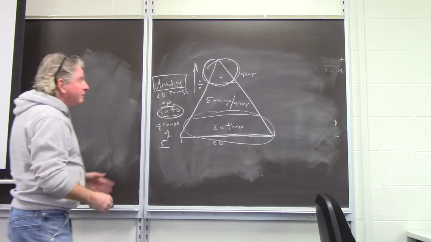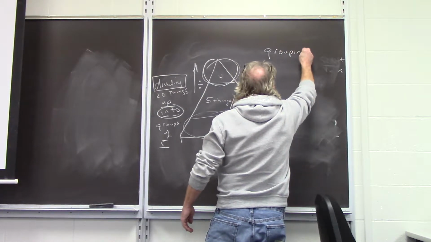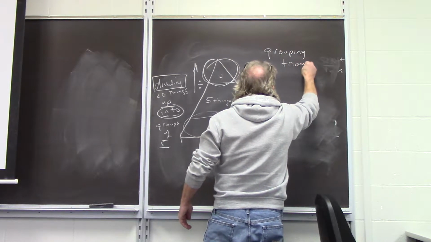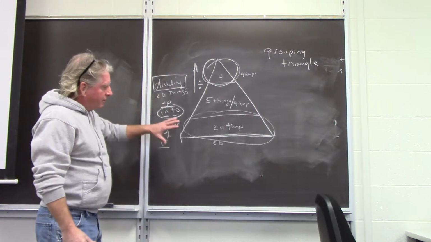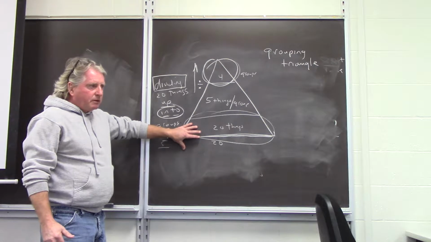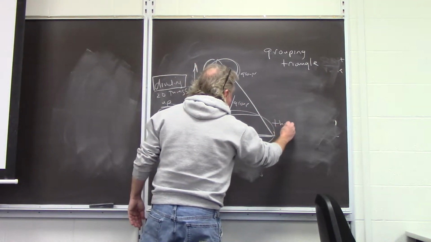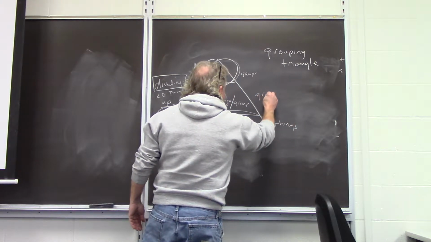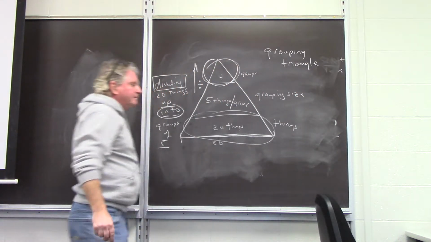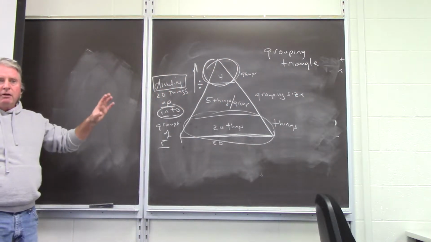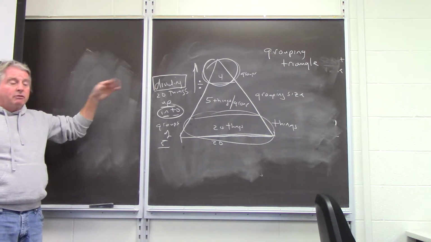Okay, so this I call a grouping triangle. And the grouping triangle will always be based on this: the things that need to be grouped, the grouping size, and the group. The key is to find out which is the thing that's being grouped and which is the group.